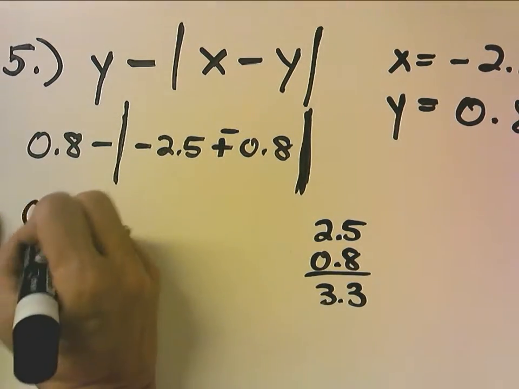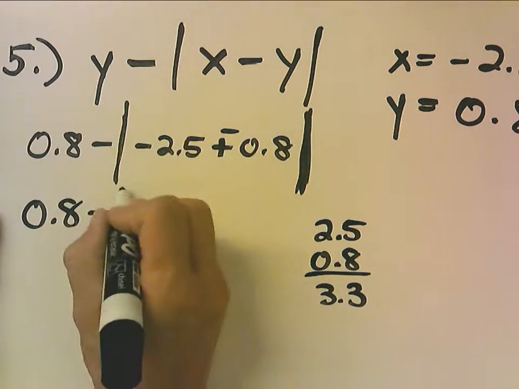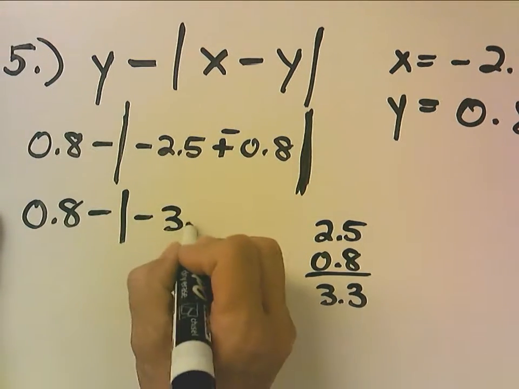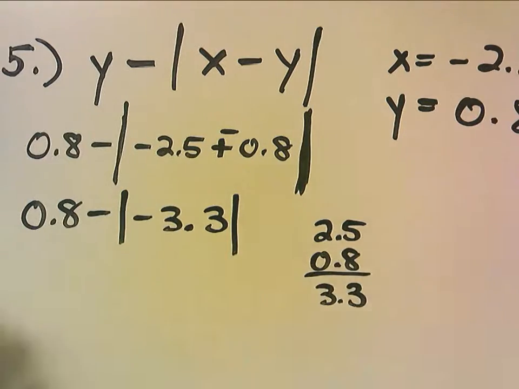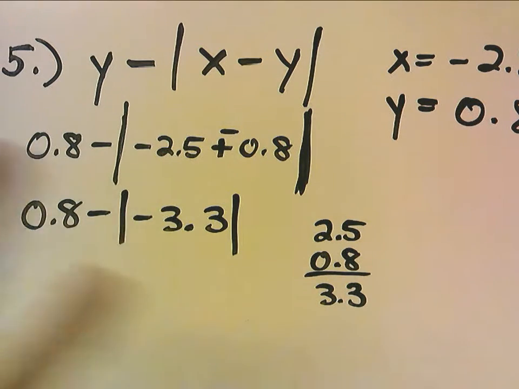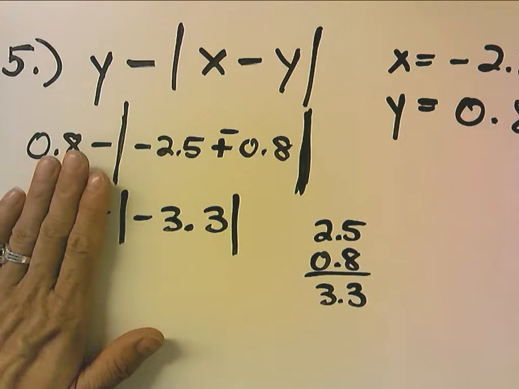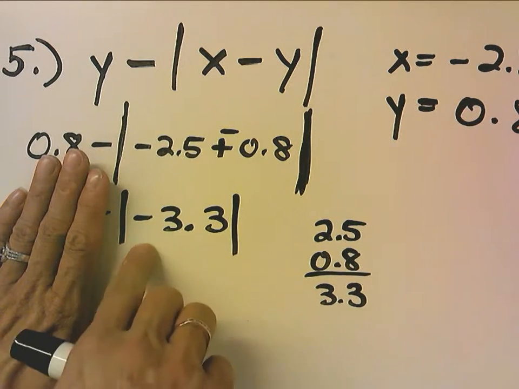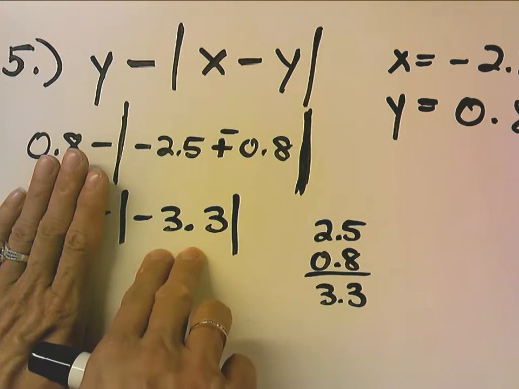Since the sign is the same, I add them together and keep the sign. So that becomes negative 3.3. Now, a common mistake people make right here is they see minus a negative. But that's not the case, because the absolute value bar says stop. First, you have to take the absolute value of 3.3.